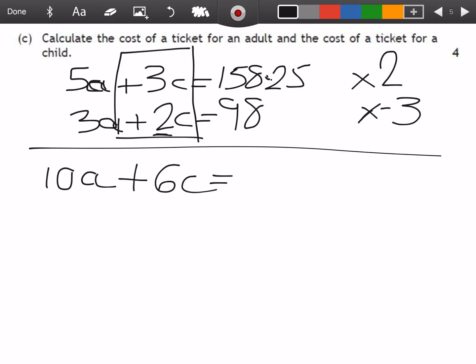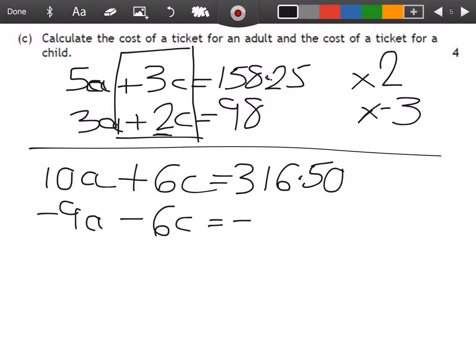And this is a calculator question. 158.25. I'm going to multiply that by 2. 316.50. And I'm multiplying the second one by negative 3. Negative 9A. Take away 6C. 98 multiplied by 3, 294.